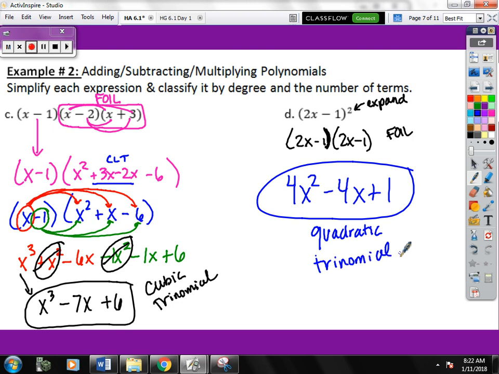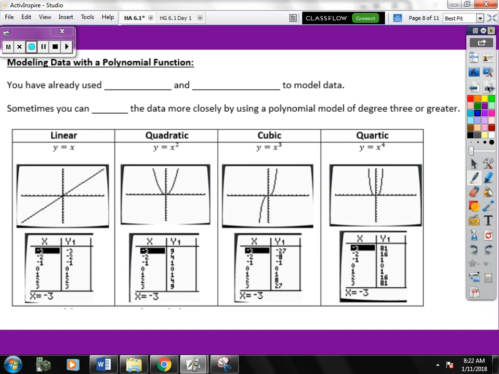Quadratic trinomial. Okay. So on the back, what we're going to do is, just like we've done linear regressions and quadratic regressions by pressing the stat edit button and putting in our lists, you can do cubic and quartic models. Same thing. We have already used linear, or lines, and parabolas to model data.